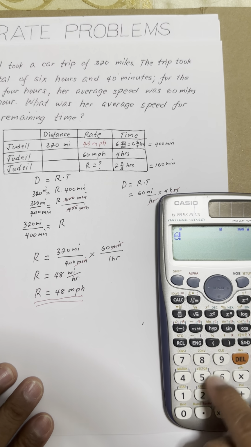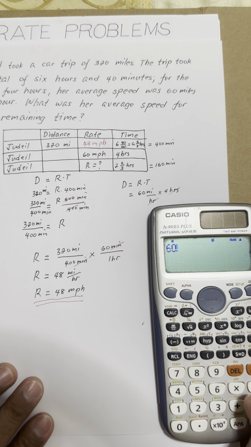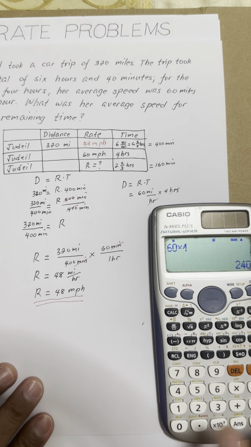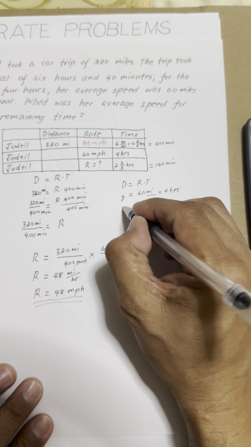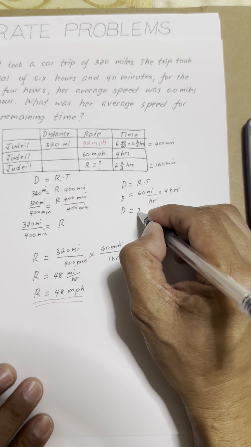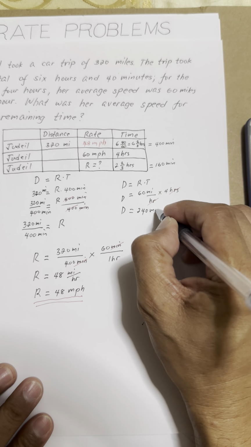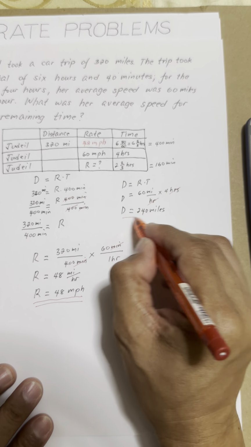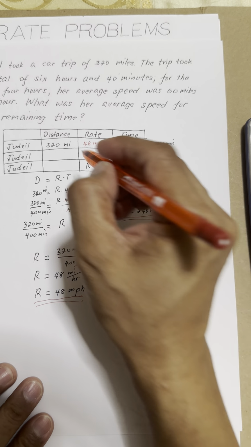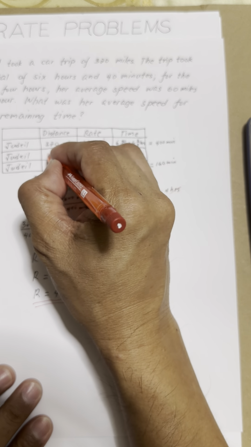So we have 60 times 4 equal to 240. So our distance is 240 miles. Okay, so this is another calculated value. So this is 240 miles.